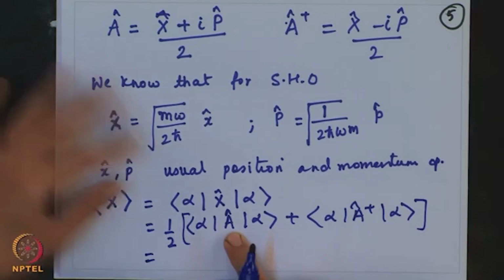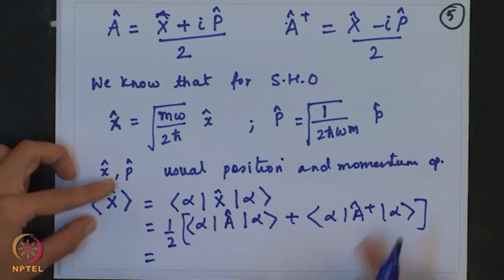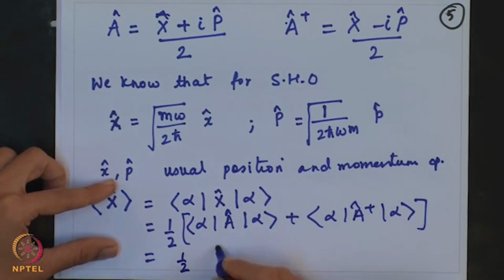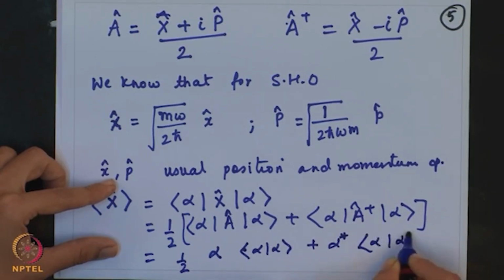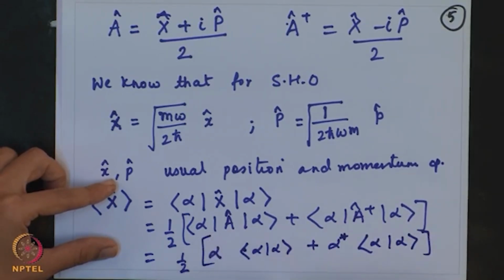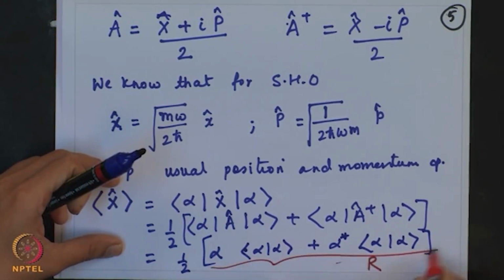And when you operate this, this will give me an eigenvalue alpha, this will give me an eigenvalue alpha star. So, I will have alpha plus alpha star, and these are normalized eigenket. So, I can write it as real part of alpha.